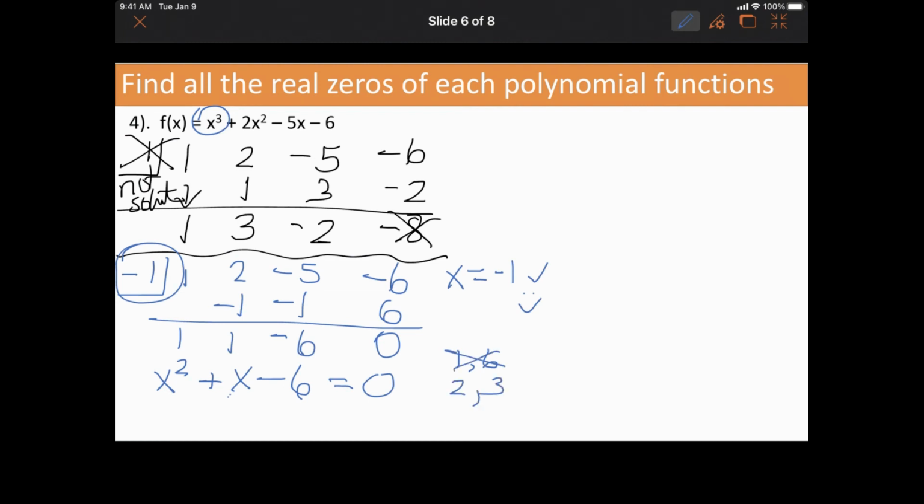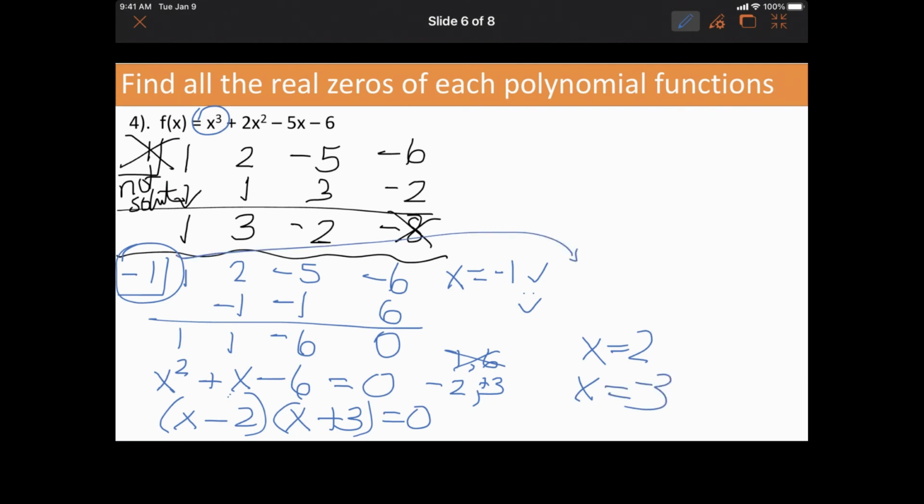And it's negative, so if this is positive and this is negative, that will work. x minus 2, x plus 3, equals 0. So my answers are x equals 2, x equals -3, and then don't forget this one, right? Oh, I already had it here. x equals -1. There they are. Again, multiplicity of 1.